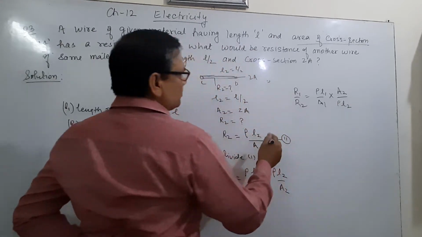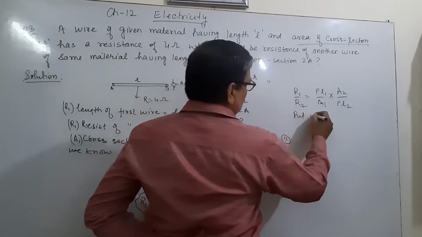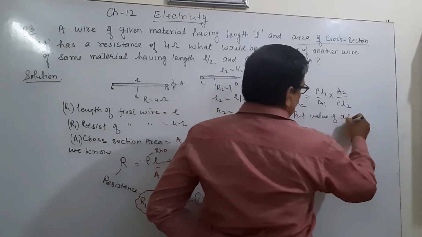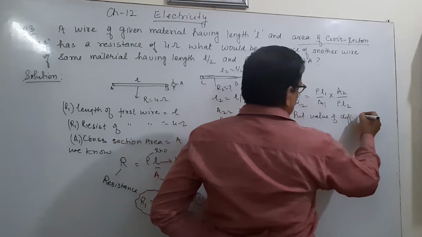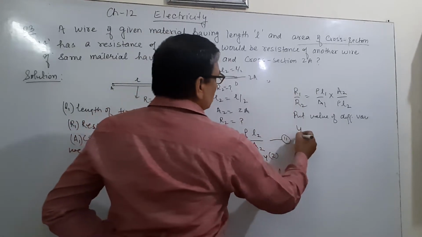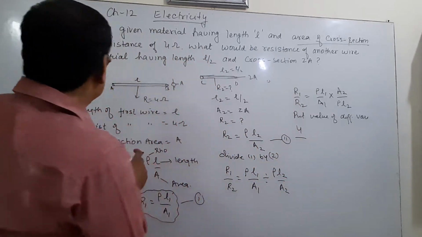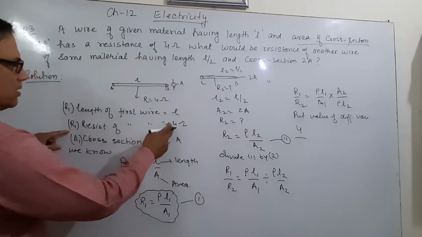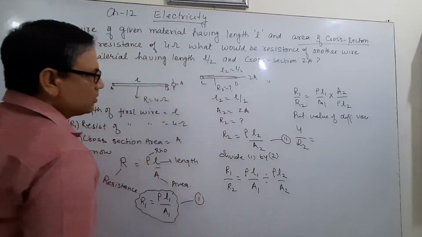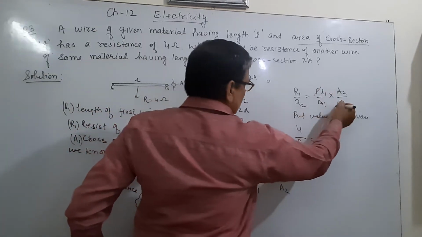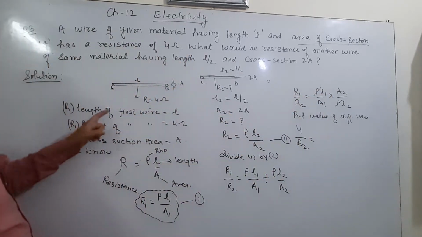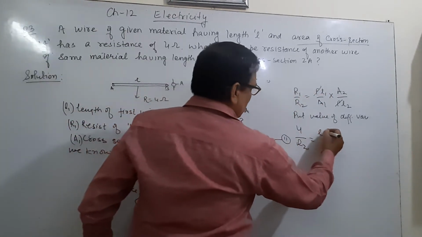Now put the values of the different variables. What is R1? R1 is 4, so 4 upon R2, which we have to find out. Now this rho is constant, so it cuts. What is L1? L1 is L, into A2.